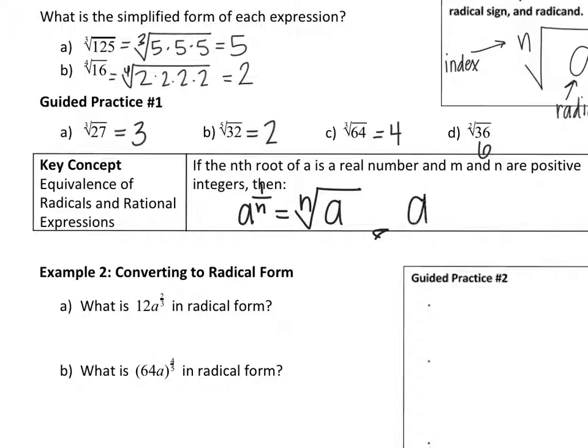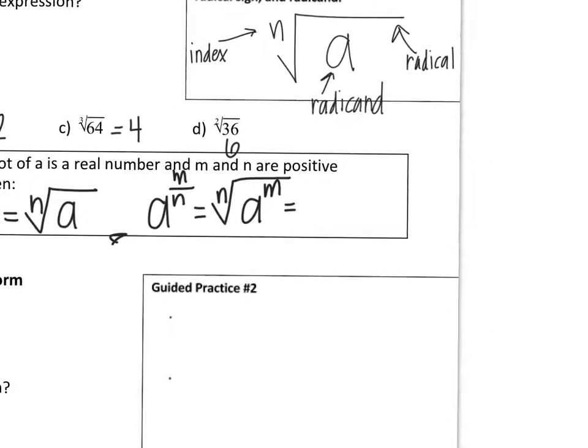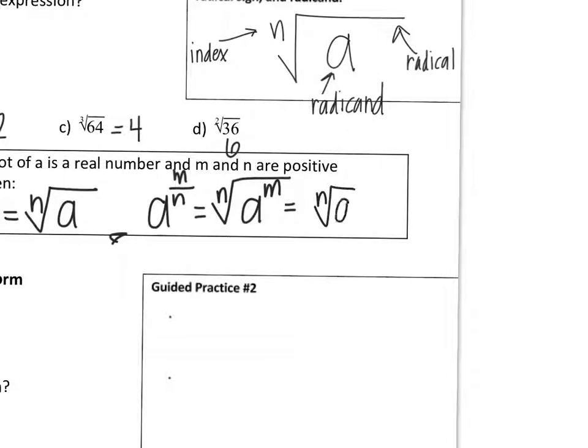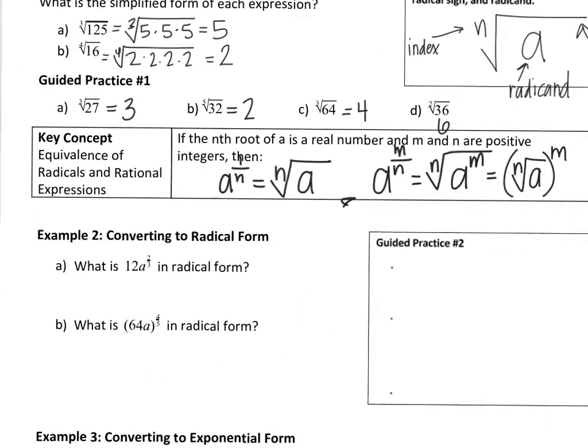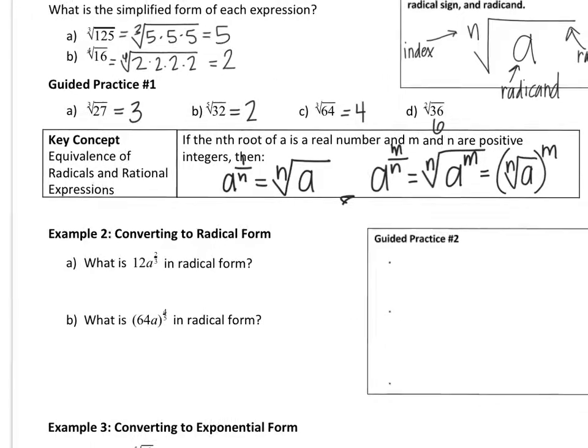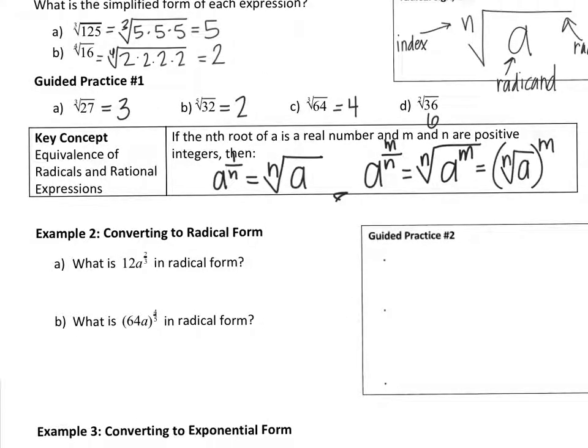Also, if you have a to the m/n power, that's going to be the same thing as the nth root of a to the m power, or you can also write that as the nth root of a all to the m power. And that's going to be your key concept. So we're going to use that little formula to do all of our problems below.